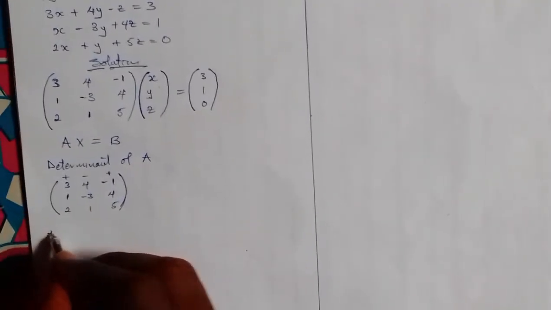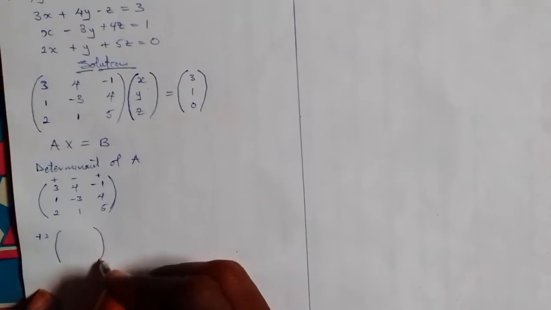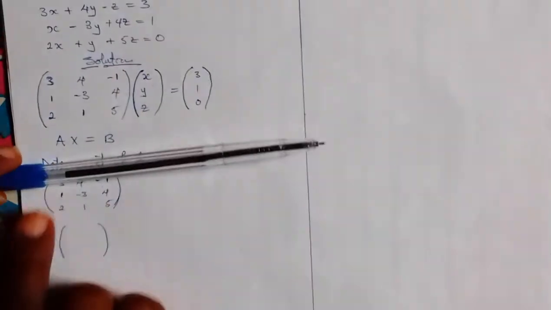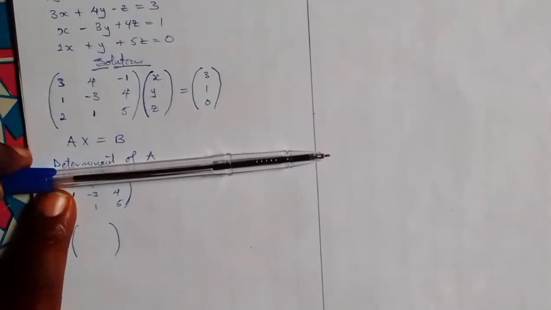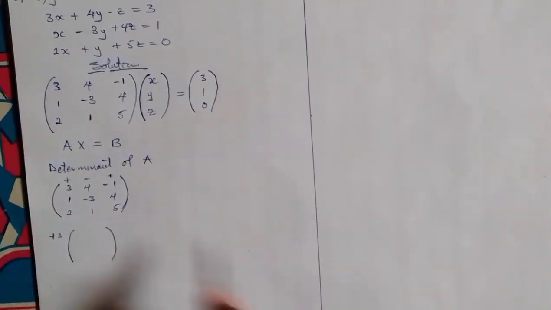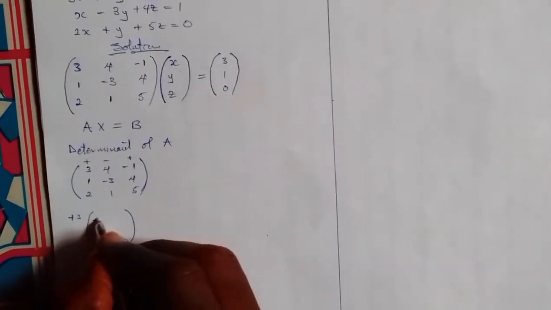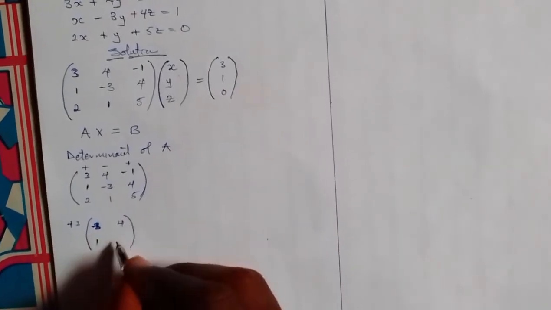So you say plus 3, then you have a 2x2 matrix, so that if you cover the first row and the first column, you'll be left with minus 3, 4, 1, and 5. So you write that there.